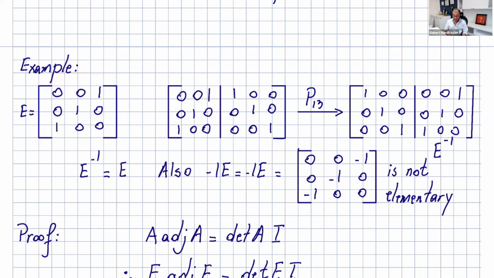If I want to find the inverse of that matrix, I can put the matrix here and I here, and if I do P1,3, or interchange row 1 and row 3, this becomes I and that becomes the inverse. And guess what? The inverse is the same matrix as E. So not to forget that. If I take any of those matrices, E or its inverse, they're the same, I multiply by -1, I get this matrix, and this matrix is not elementary.